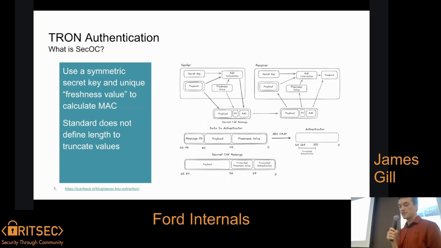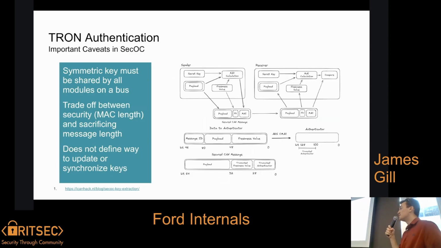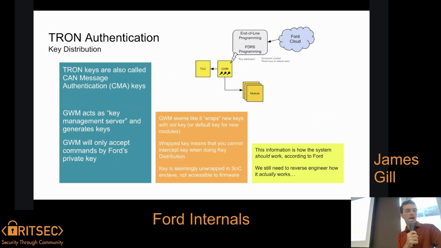Yeah. So this is sort of diagrams. You have a secret key. They keep that secret key in a hardware enclave. So in theory, you can't extract it. Key distribution: you have the Ford cloud, and they have this magic database of all the modules they've ever produced. This is also, I think, a right to repair issue.